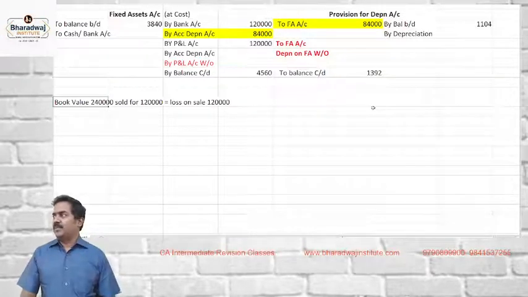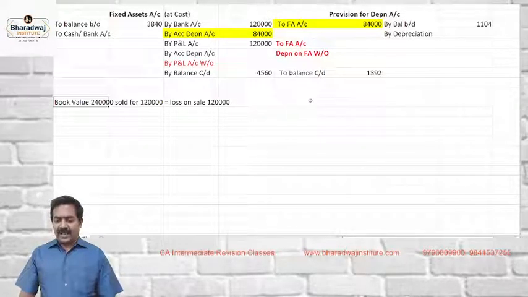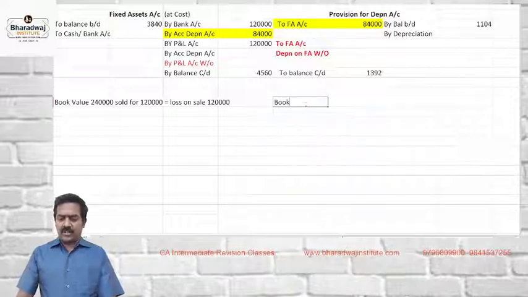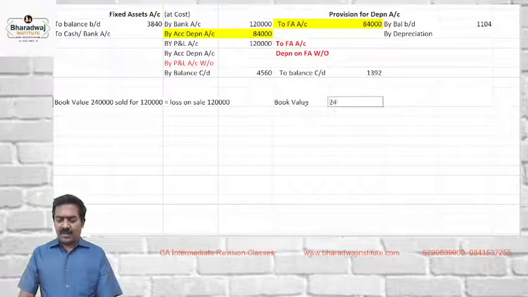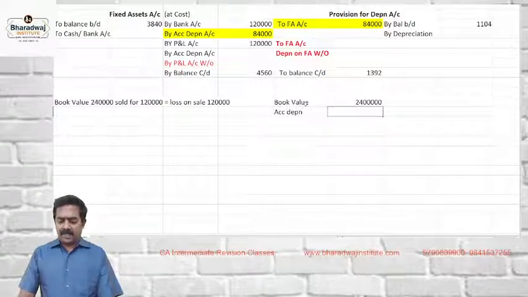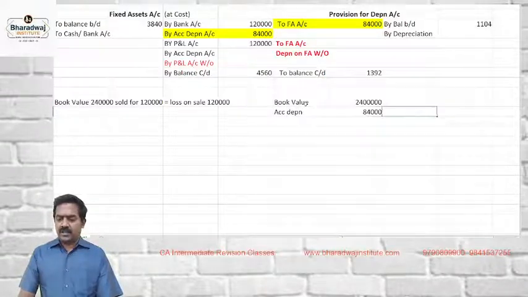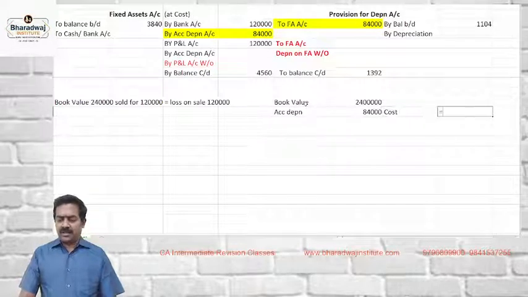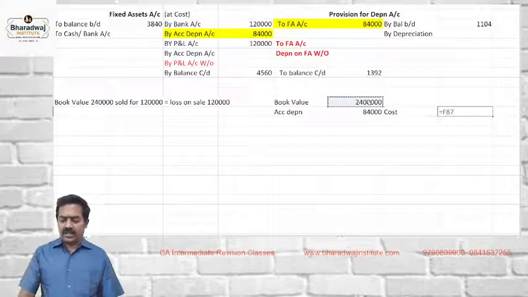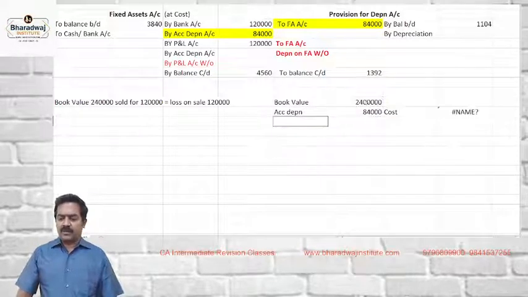Earlier in the example I was using the word what? Cost. Actually the cost is like this. What is the book value? 2,40,000. What is accumulated depreciation? 84,000. Cost of the asset would have been 2,40,000 plus what? 84,000. This would have been the cost of the asset.